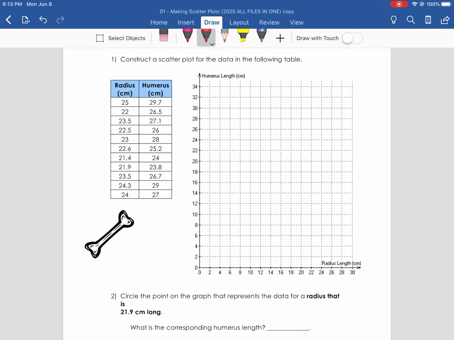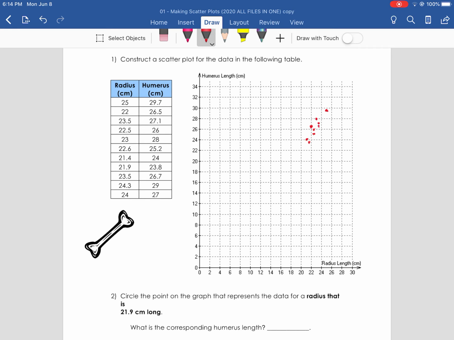So here I'm going to put on those data points: 25 radius, 29.7 humerus, right about there. 22, 26.5, right about there. 23.5, 27.1, right about there. 22.5, 26. 23, 28. 22.6, 25.2. 21.4 and 24. 21.9 with 23.8. 23.5, 26.7.